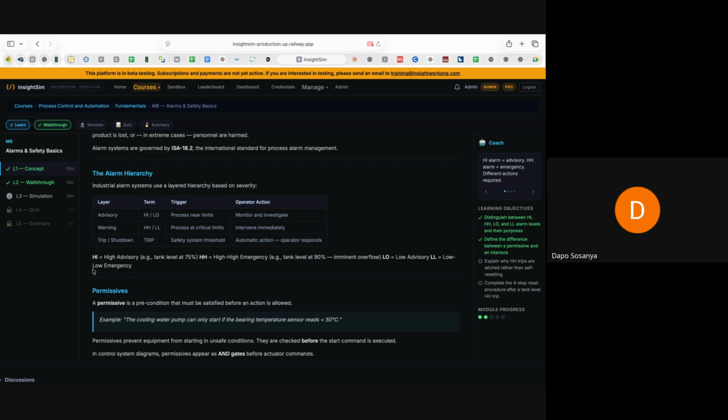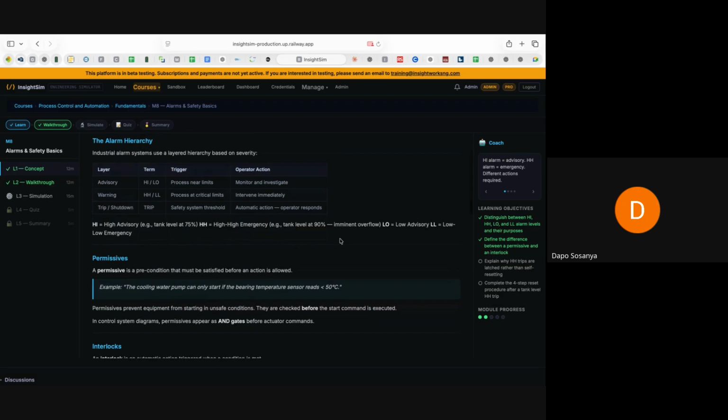So, H equals high advisory, HH equals high emergency. For example, tank level at 75%, then tank level at 90%, that is imminent overflow. Low is low advisory, and then low emergency.